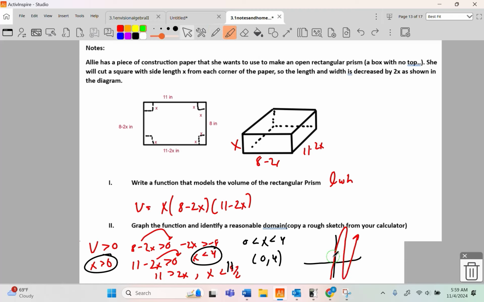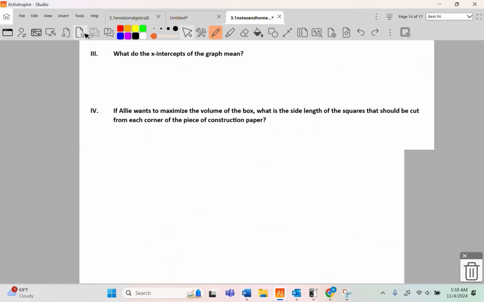The only stuff I care about is this right here. This little piece right here is extraneous data. Anything from that area makes no sense. But this is the real stuff. Down here, this would be negative volume. So you can see that what I was saying about being stuck between 0 and 4 makes sense.